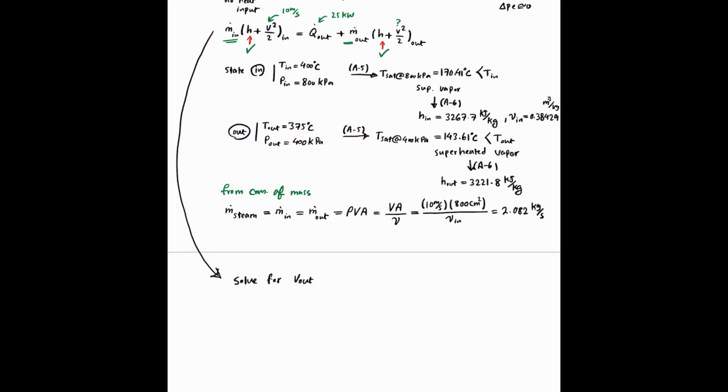So let's plug in all the terms. M dot in, which is equal to m dot of steam times enthalpy in plus velocity in squared divided by 2. Do not forget the unity conversion ratio here, because we know that enthalpy is in kilojoule per kilogram. Velocity squared will be in meter squared per second squared.